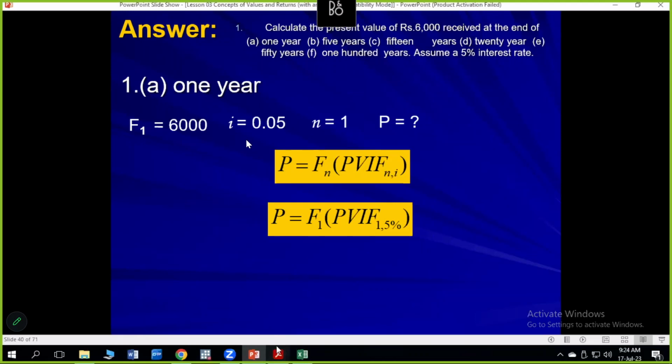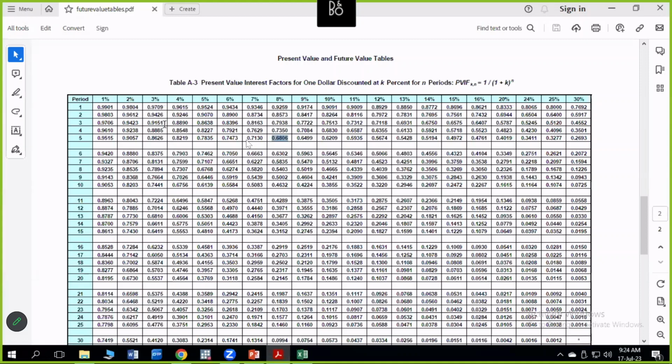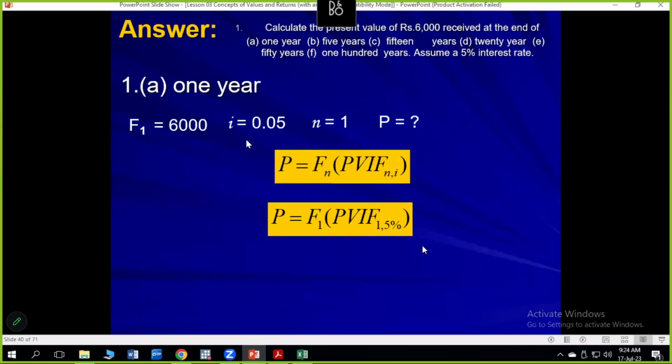So you refer to the table for these values. So the table value at 5% for year 1 is 0.9524. So period 1 at 5% is 0.9524.